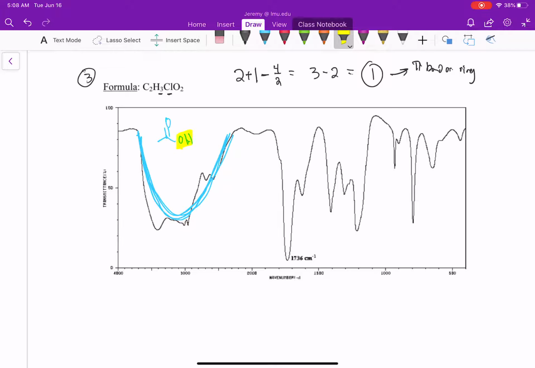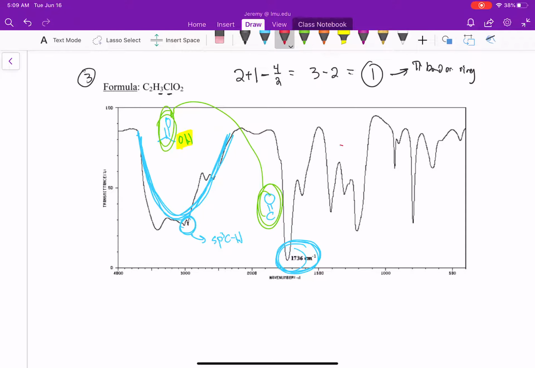When that extends all the way into zone 2, that is an OH of a carboxylic acid. I have a couple of small peaks sticking out between 3000 and 2850. Those are sp3 C-H bonds. Here, I clearly have a giant carbonyl peak, a C double bond O. That C double bond O is the C double bond O of my carboxylic acid.